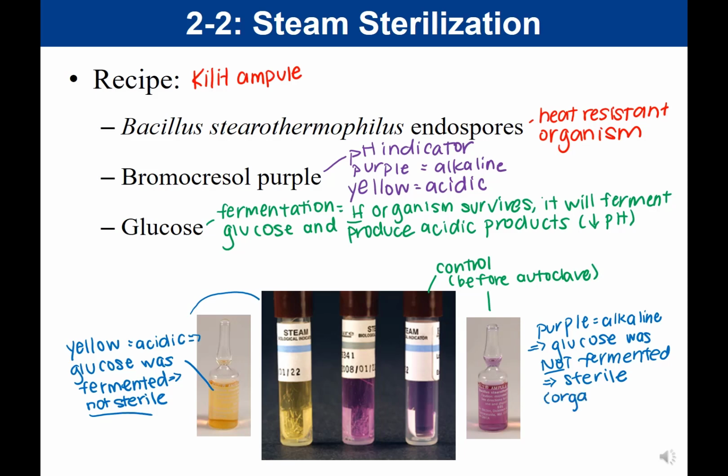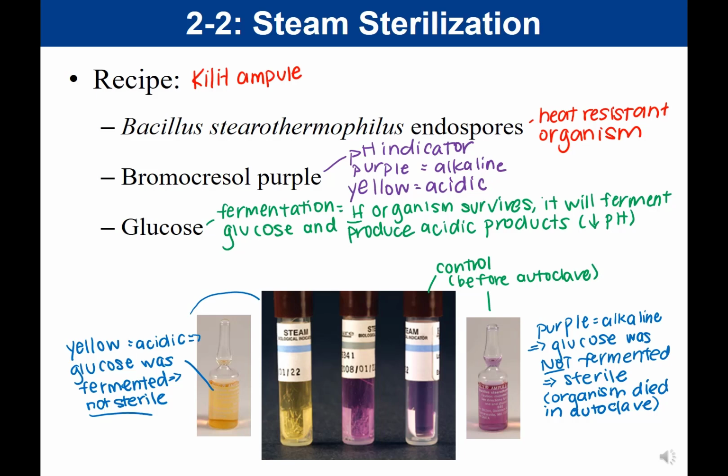The organism died in the autoclave. So if at the end of this experiment the ampule is still purple, that is considered a positive for sterilization, meaning that our autoclave worked properly. It did sterilize whatever was in that cycle because it was able to kill the endospores.